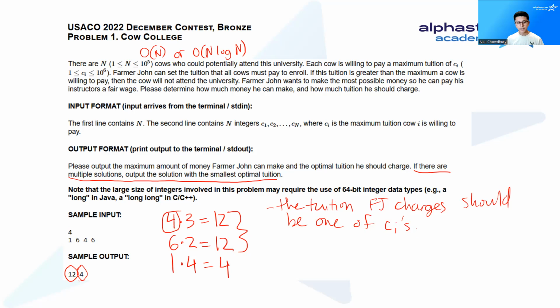Then we could increase the tuition and still get the same set of cows to pay. So, for example, let's say we charged a tuition of, I don't know, like 5. In this case, the only cows that will be able to afford it are these 2 cows here.